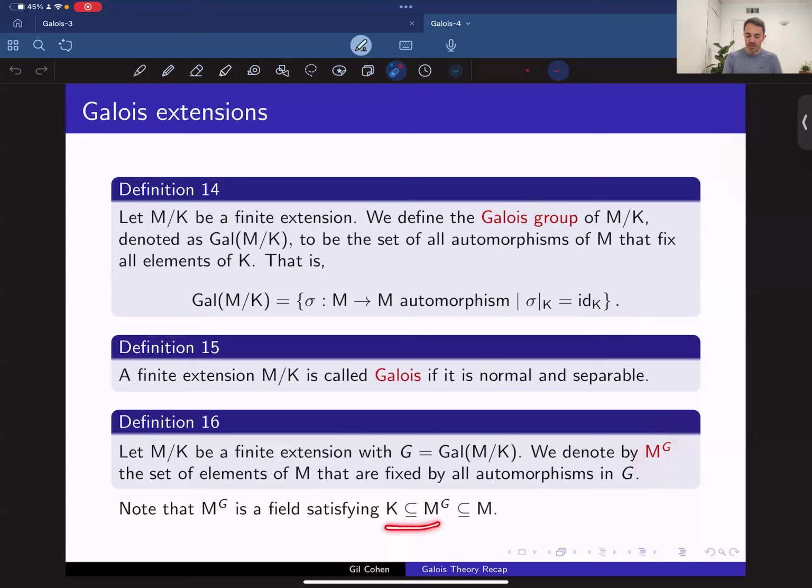So M^G is a superset of K, and it's easy to see that it's also a field. So it's a field extension of K, and clearly by definition, it's a subfield of M. This M^G is the real thing that is being fixed by all elements in the Galois group of M over K, which potentially may be larger than K.